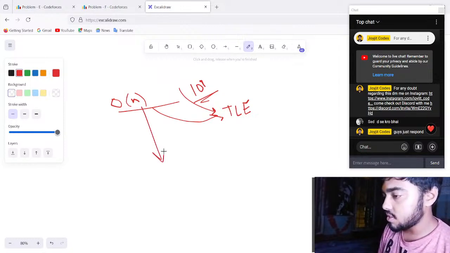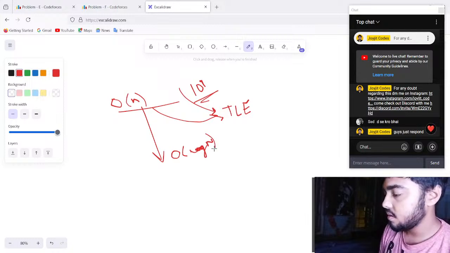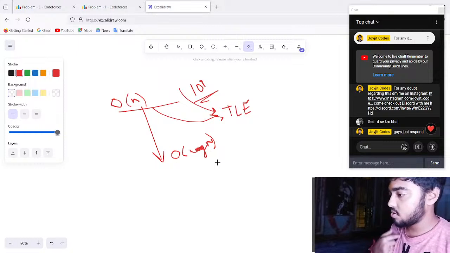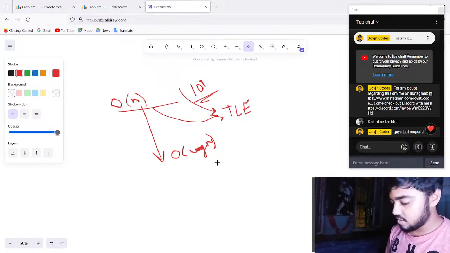In order to save us, we will be needing big O of log n. Now how are we going to apply this log n thing? Whenever we are talking about log n, the things that come to our mind are binary search and stuff like that, right?